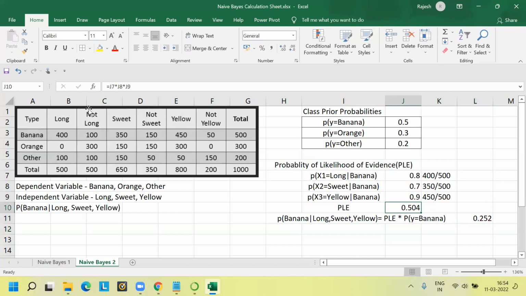This is the multiplication of all three, right? Remember the formula: multiplication of all three, 0.50, multiplied with the class prior probability of banana. You get 0.252.